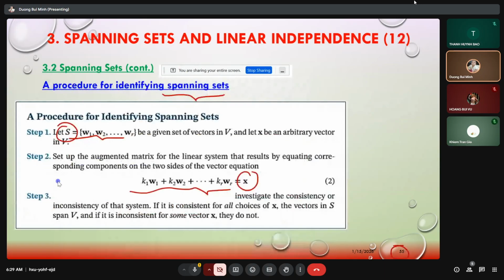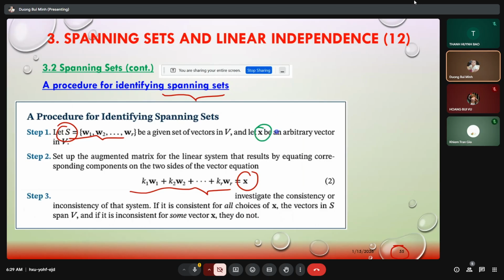We skip it. We have general procedures for identifying a spanning set. We have the set S containing W1, W2, up to Wr.